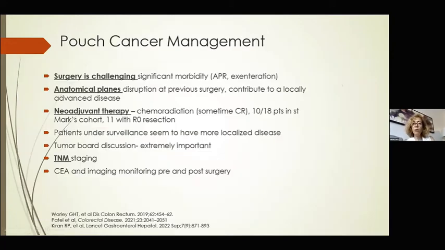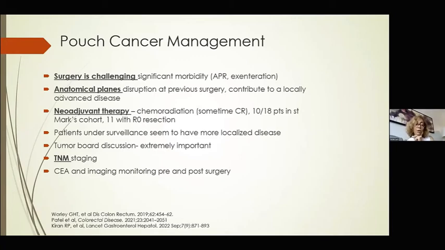The management of pouch cancer is complex. Surgery is very challenging and carries high morbidity for both APR and pelvic exenteration. Anatomical planes are disrupted due to previous surgery and definitely may contribute to locally advanced disease. Neoadjuvant therapy is used and has been reported to have high success rate in the St. Mark's report.